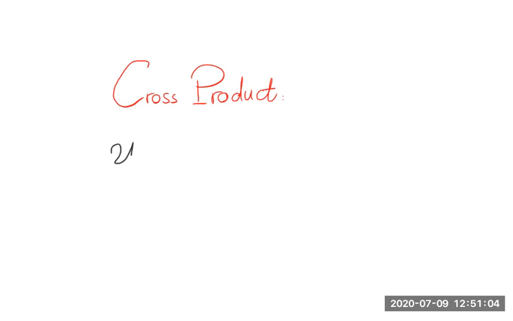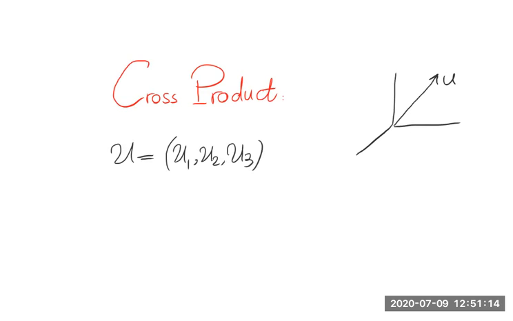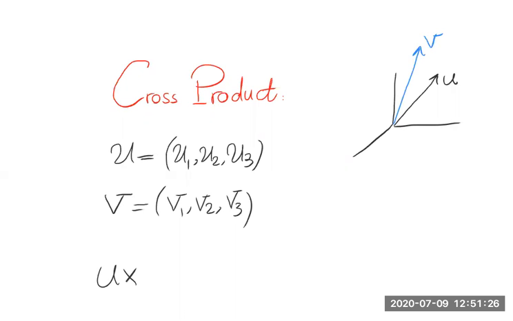So if we have two vectors, u, which is u1, u2, and u3, a vector inside three-dimensional space, and another vector, v1, v2, v3, we have a new vector, which is the cross product of u and v.